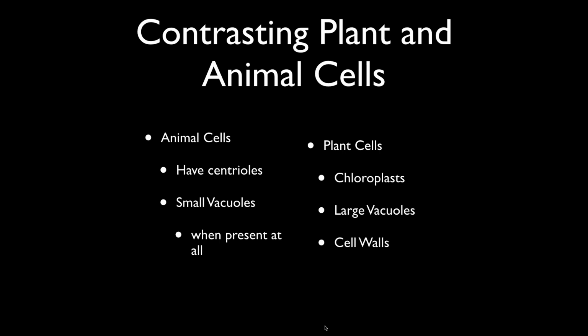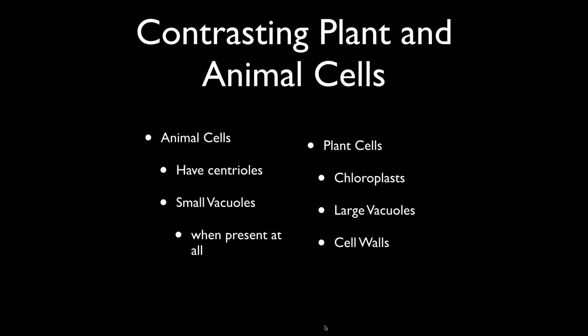Animal cells have centrioles. Small vacuoles, if they have them at all. We're going to consider vacuoles a difference between plant and animal. And not listed, but should be, animal cells have lysosomes. Plant cells have chloroplasts, large vacuoles.